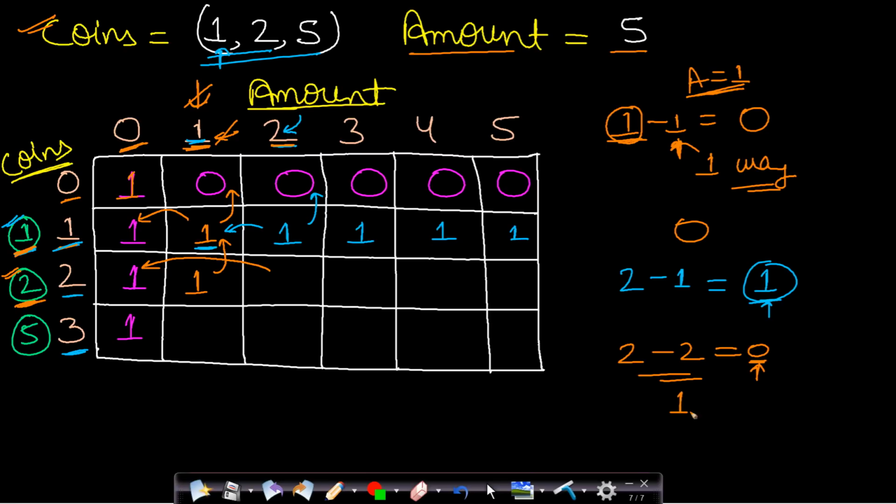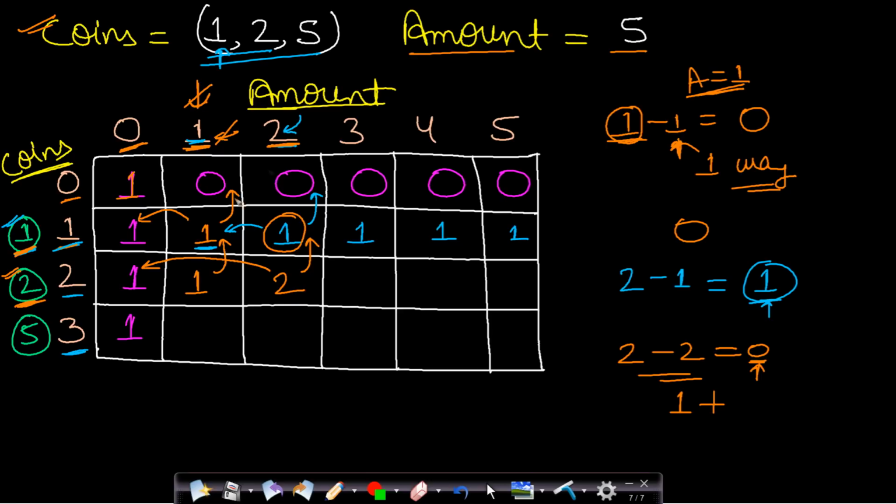So you will take one possible way by including one instance of 2, and if you exclude the instances of 2, then you will move up, saying that if you do not include any instance of 2, then in how many possible ways can you find this amount 2? So you can find it in one possible way. Therefore, you will add both the left and top values and it will be equal to 2.